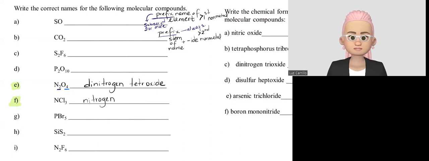Then for the chlorine, we see a subscript of 3, so we put tri as the prefix. Chlorine, when it comes to the stem and the ending, becomes chloride. And that's how we go from chemical formula to name.